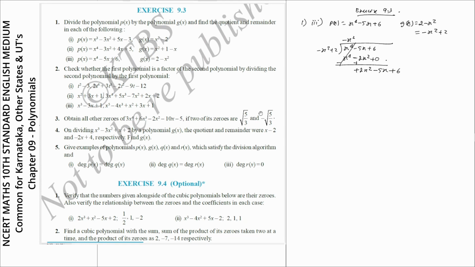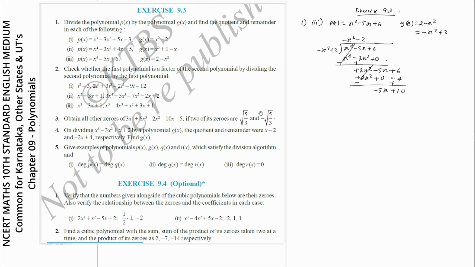Okay, now if I multiply by minus 2, minus 2 into minus x square is plus 2x square, then minus 2 into plus 2 is minus 4. So minus 4 here. So here I'll write just 0. Now change the sign, minus here plus. So these two will get cancelled, and minus 5x as it is. Then 6 plus 4 is 10.